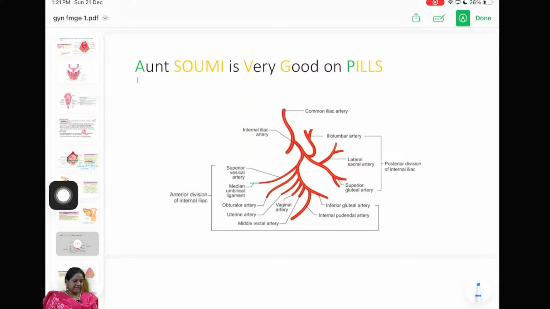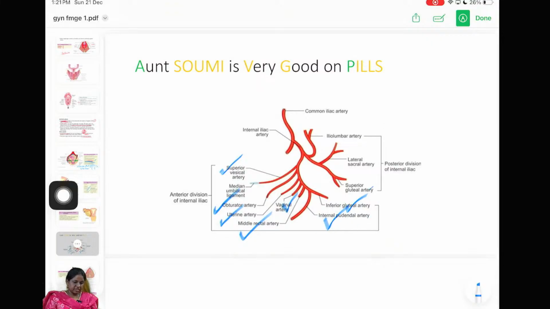That means anterior, it is SOUMI BNG: superior vesical, obturator, uterine, middle rectal, and vaginal. The next is inferior gluteal. Actually, internal pudendal is missed. Okay, internal pudendal, vaginal, and inferior gluteal. So this is the anterior division.